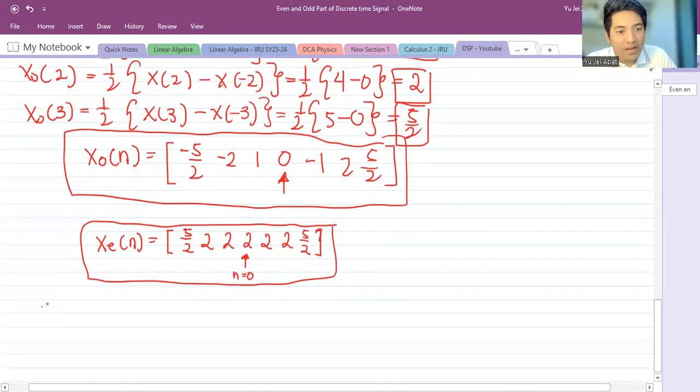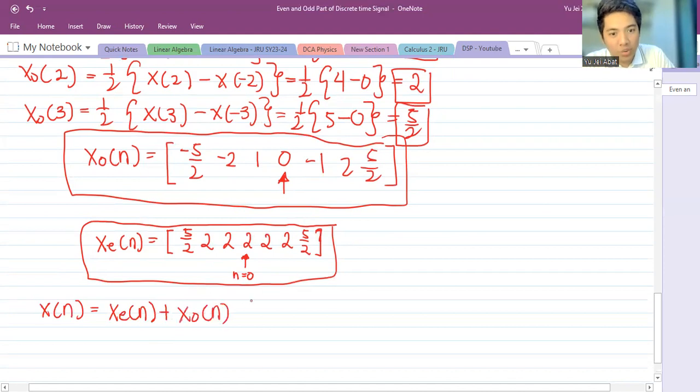So let's try. It is said that x of n equals the even part plus the odd part. How do we add these two? We will be adding them position by position.